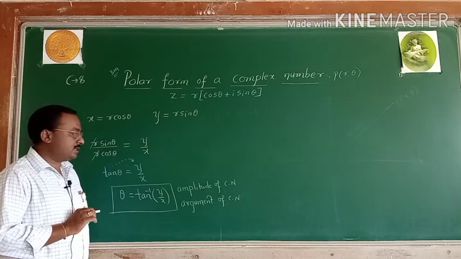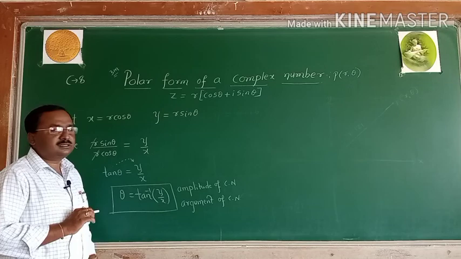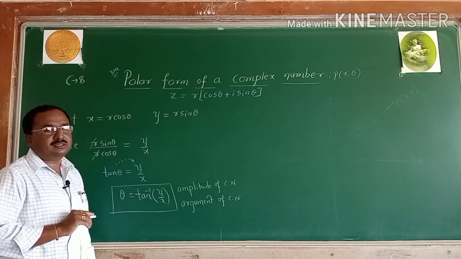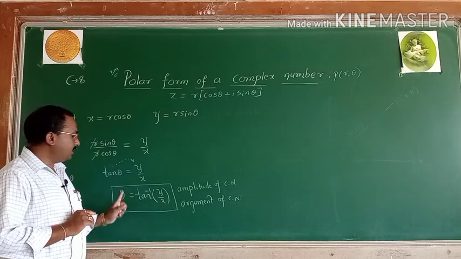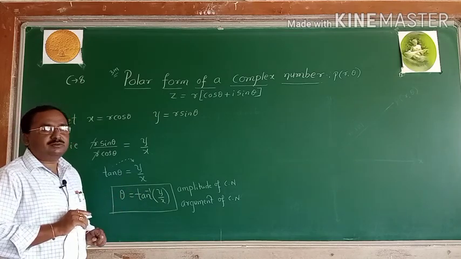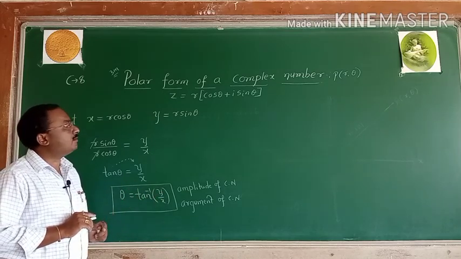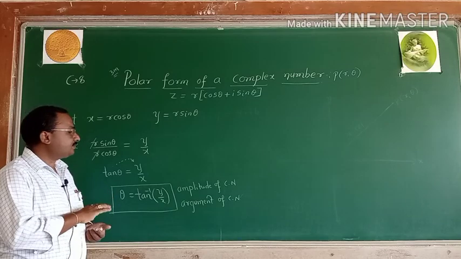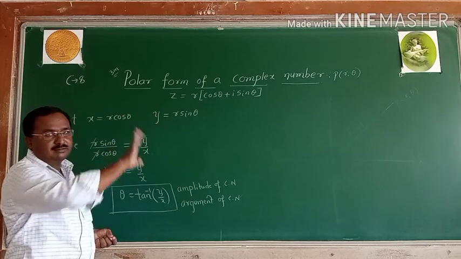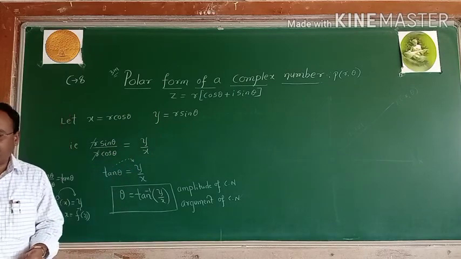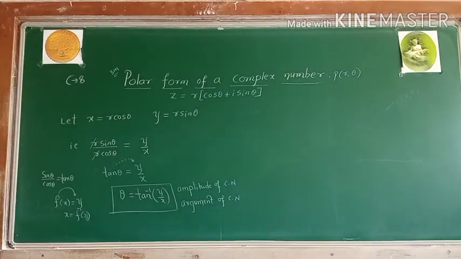Mod z represents the modulus. Theta represents amplitude and r represents the modulus of a complex number. That is, theta is called the amplitude or argument of a complex number. Argument is another name for amplitude, named after the Argand plane.